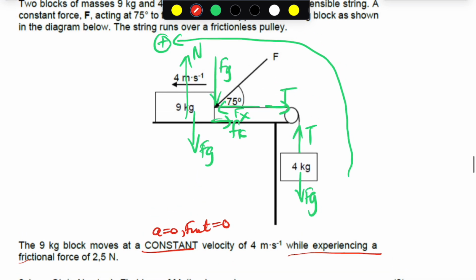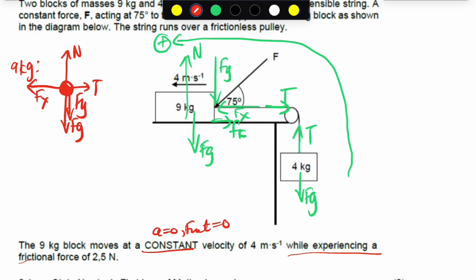Now drawing the free body diagrams, I'm going to do all of them. For the 9 kg, we have a normal, a gravitational force, and we'll have Fy, Fx, and the tension. This is the free body diagram that is not needed.